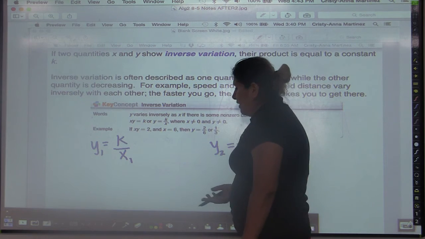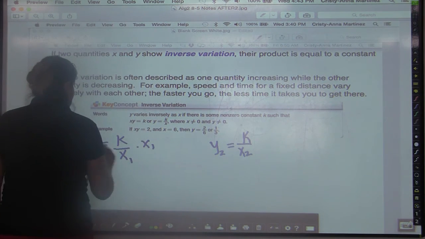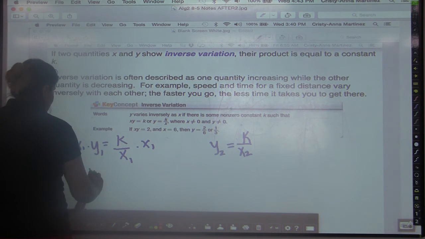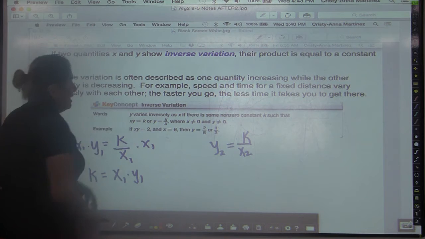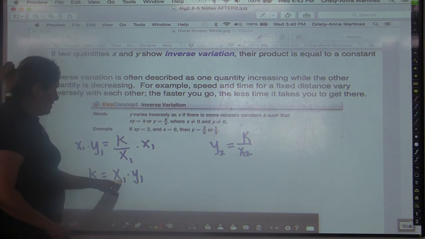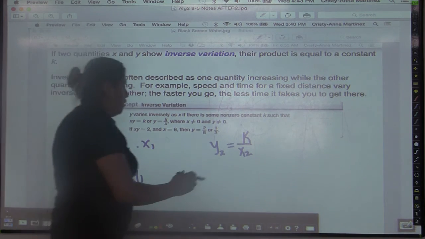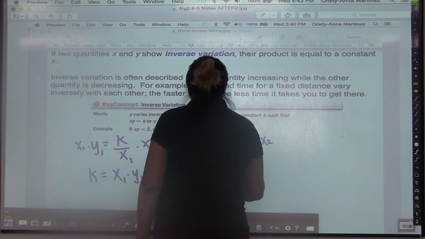And to solve for k this time, you need to multiply by x1 on both sides. And so we get that k is equal to x1 times y1, hence why it says the product is equal to a constant k. So their product is equal to k. And so over here you get the same thing, the product of x2 and y2.